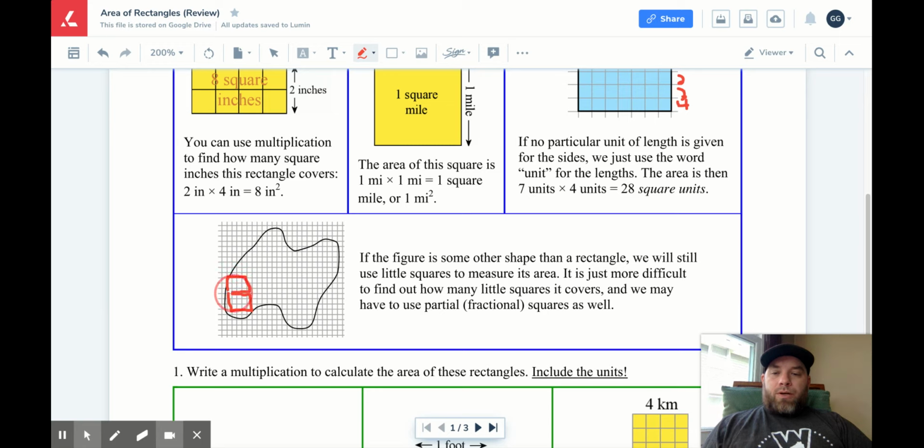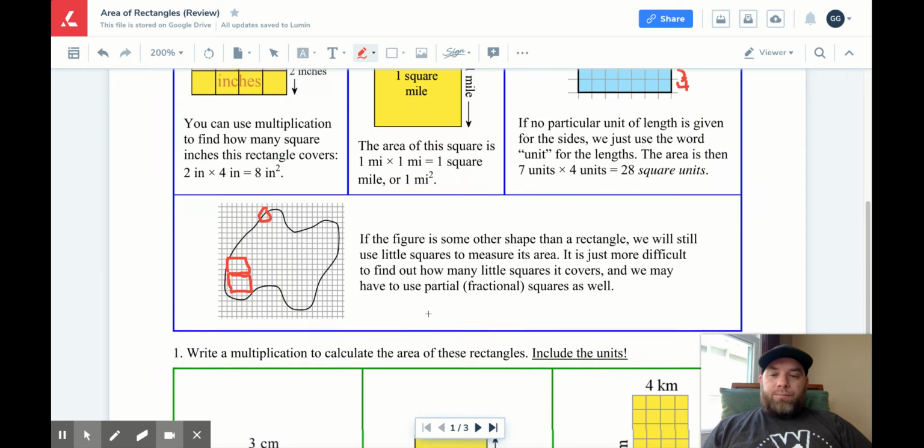And what you would want to try to do is find your whole squares first. You would count the area, and then you would add them up. And most of the time you'd get an estimate. Some of these, it's difficult to see what fraction. This one right here is almost like a half. One right here, or a third. But we're not going to worry too much about that right now.